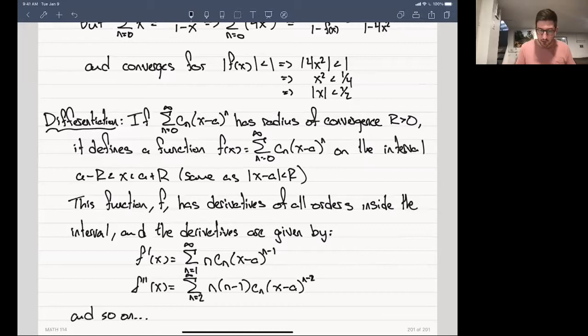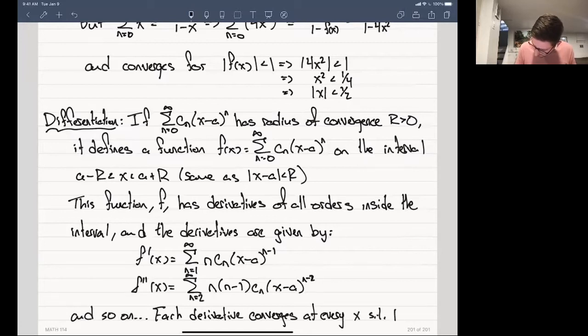Each derivative converges at every x such that the absolute value of x minus a is less than r. So you have the same region of convergence here.